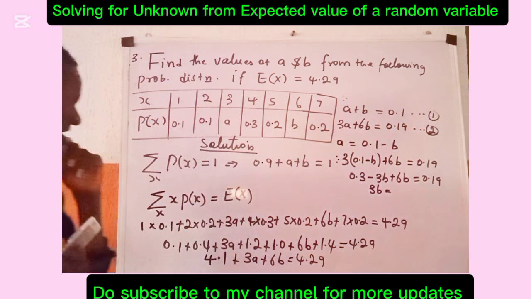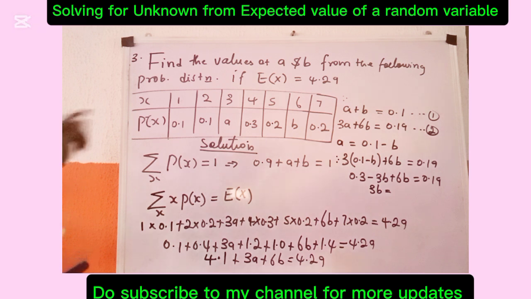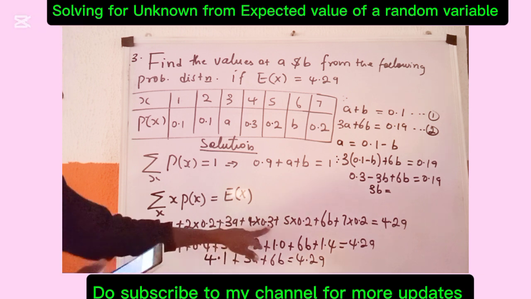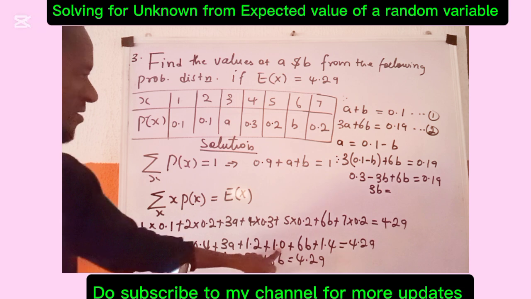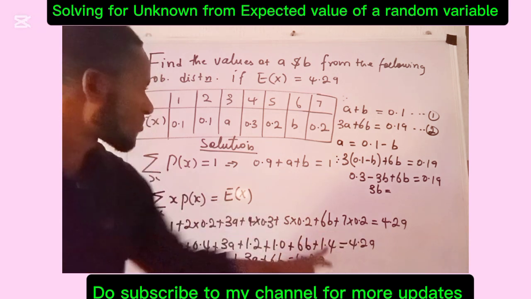So let us come here to cross-check this one better. 1 times 0.1, which gave us 0.1. 2 times 0.2, which gave us 0.4. So 4 times this gave us 1.2, which gave us 1.7.